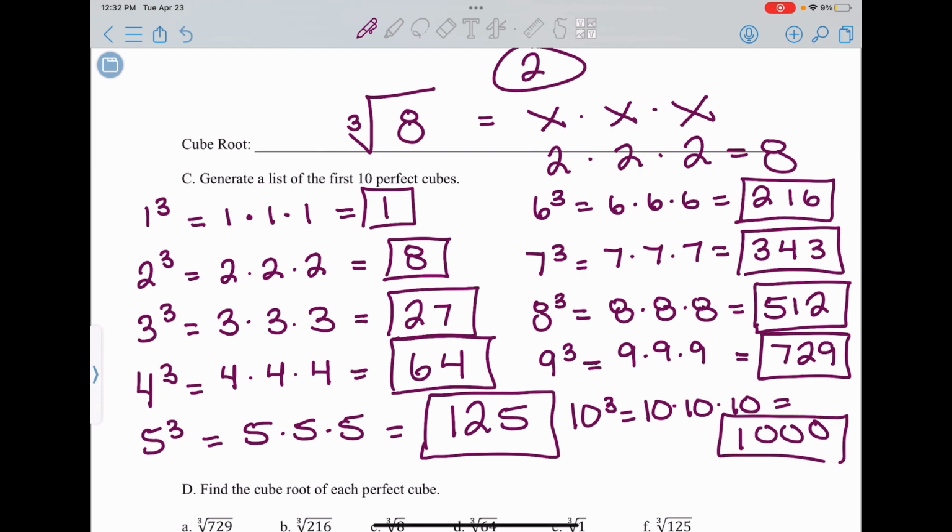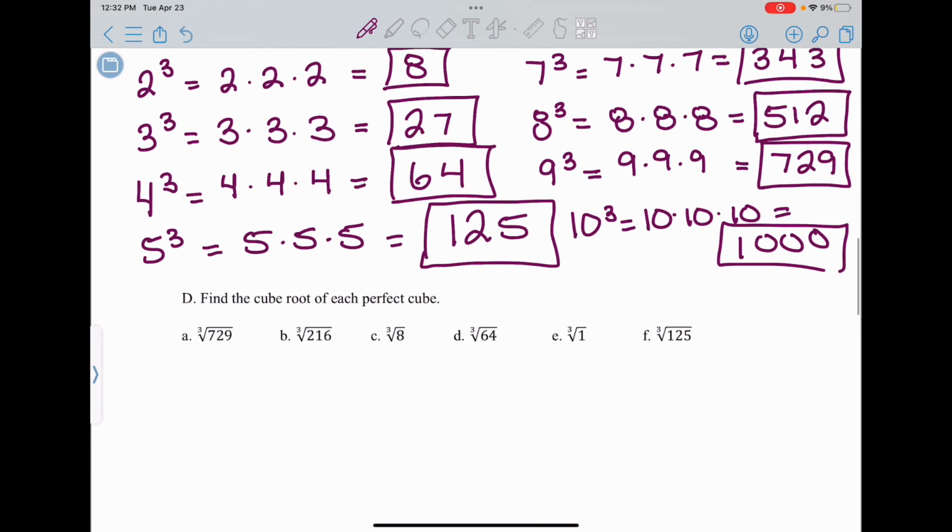So 1, 8, 27, 64, 125, 216, 343, 512, 729, and 1,000 are all perfect cubes. And if we were to find the cube root of any of these numbers, we would essentially be going backwards.